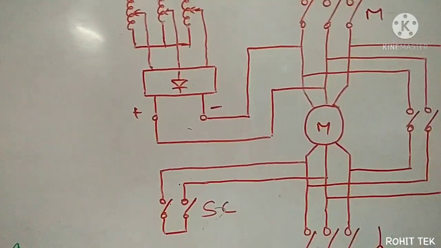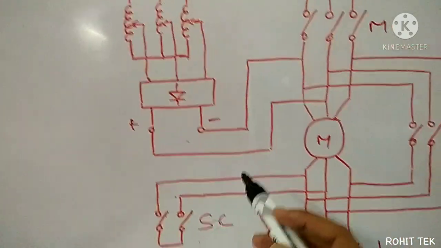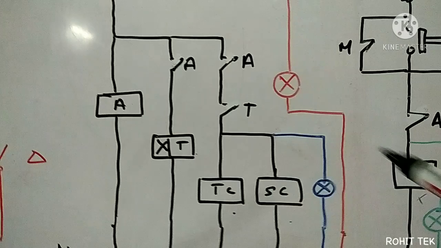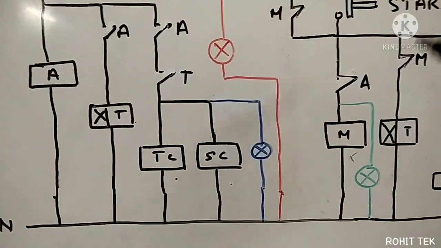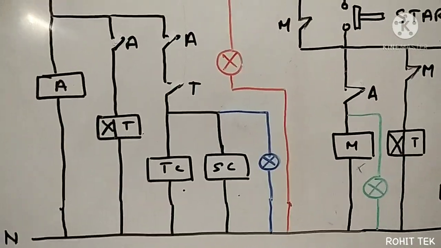Here also I have incorporated an interlocking mechanism, meaning this A contactor is interlocked with the main starter contactors. Why?